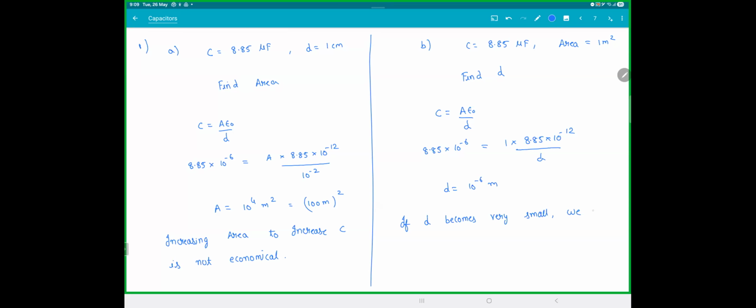there'll be charge leakage. We get a high electric field. I'll tell you what it means on the next page. We get a high electric field, which leads to dielectric breakdown.